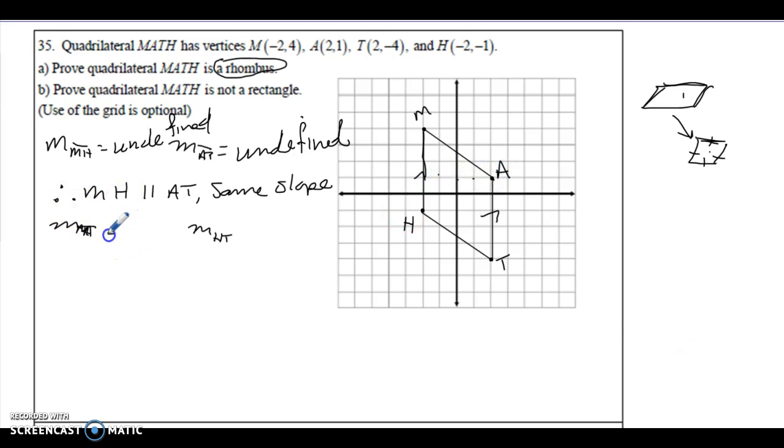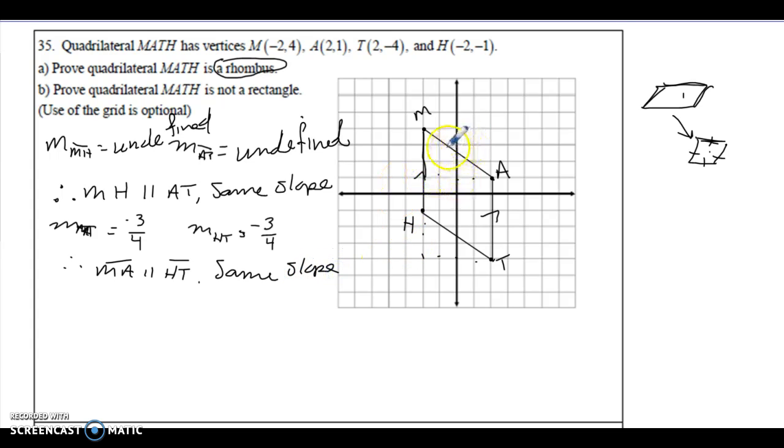So this slope is -3/4. For HT, I go 1, 2, 3 down, 1, 2, 3, 4 to the right. So this one is also -3/4. Now I can say that those two are also parallel. MA is parallel to HT, again, because they have the same slope.